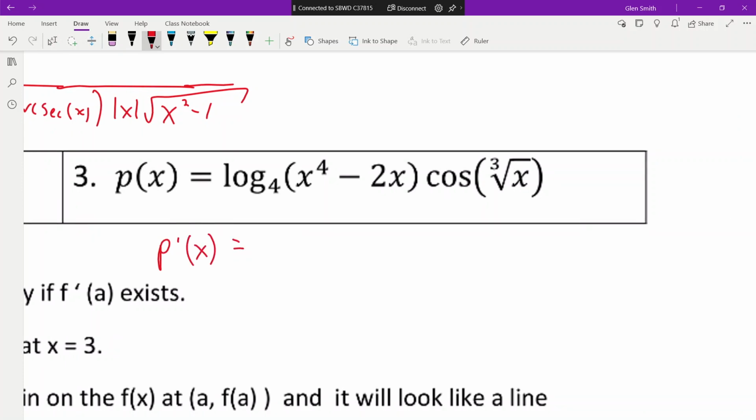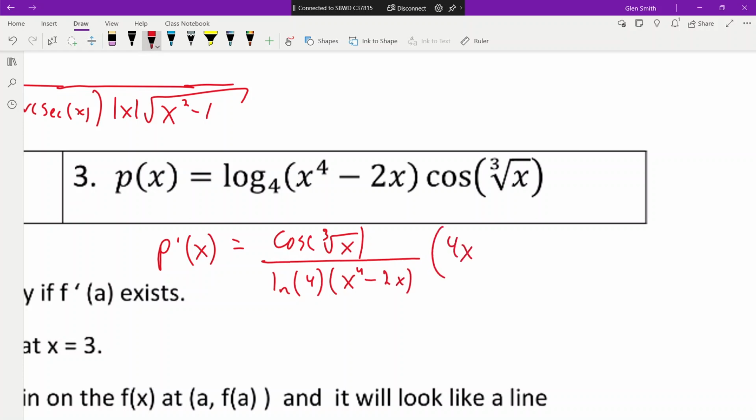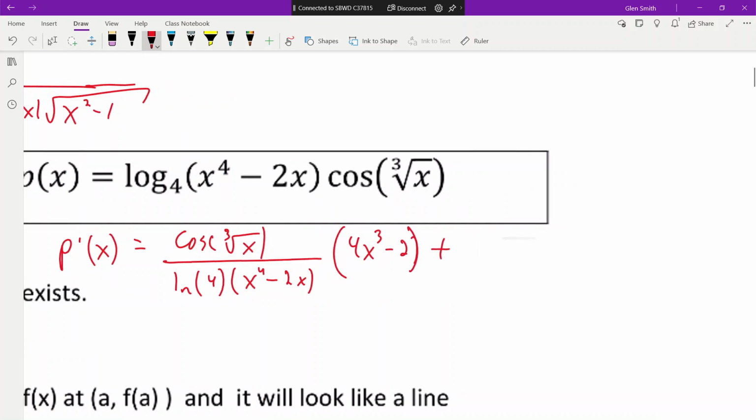This is the product rule. Which one are you deriving first, Natalie? The ln, the log? Excellent. So it's this over ln 4 x to the 4th minus 2x. And you can put this on top or you can put it right here. It doesn't matter. That's that.